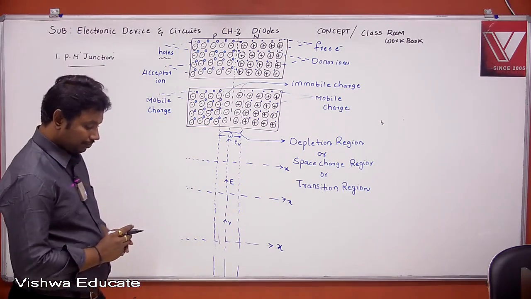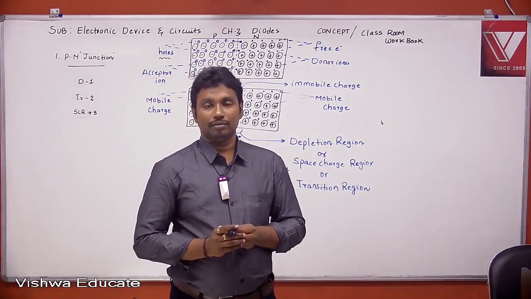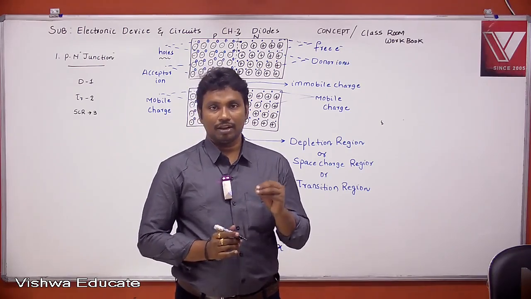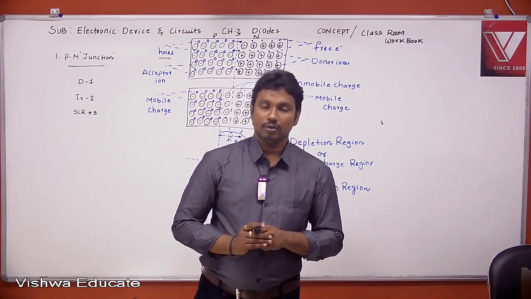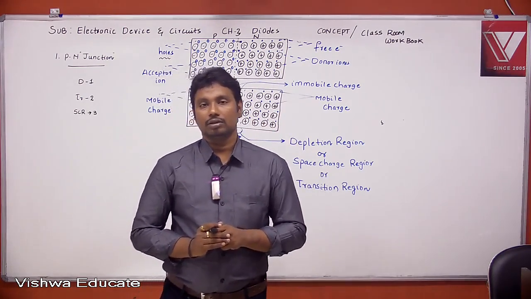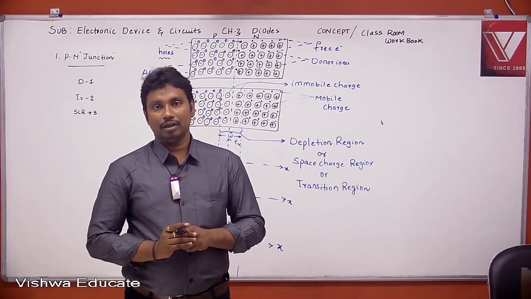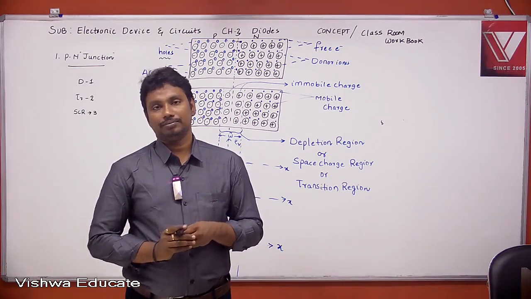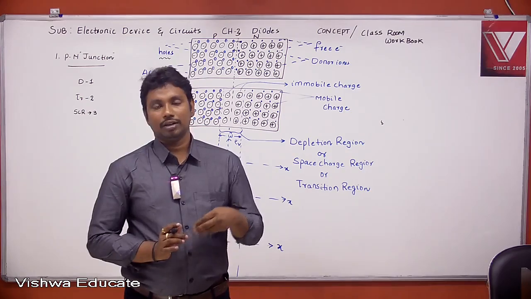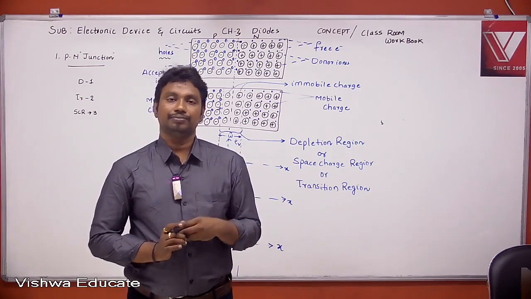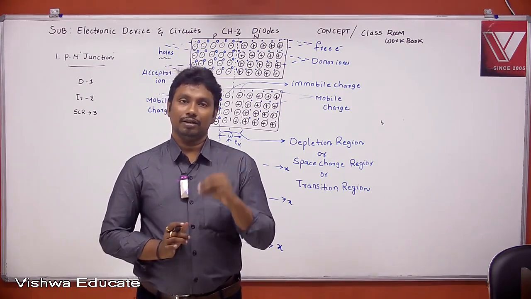Next point. A junction is an imaginary plane which separates P-type material and N-type material. At the junction, there is a concentration gradient.